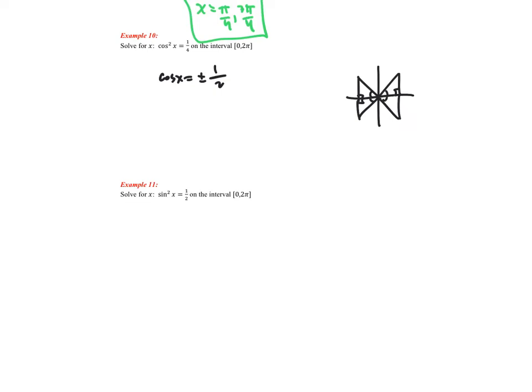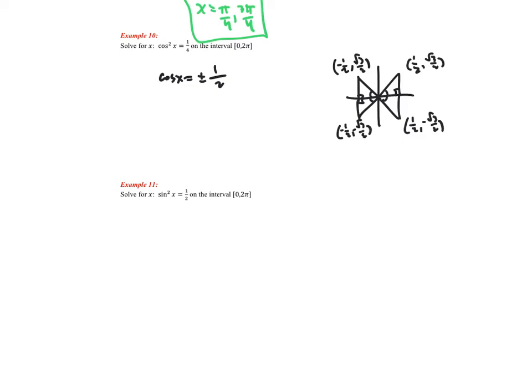So if we've got a cosine of 1/2, then we've got a sine of root 3 over 2. In the fourth quadrant, we've got 1/2 and negative root 3 over 2. And in the second quadrant, we've got negative 1/2 and root 3 over 2. And in the third quadrant, we've got negative 1/2, negative root 3 over 2.